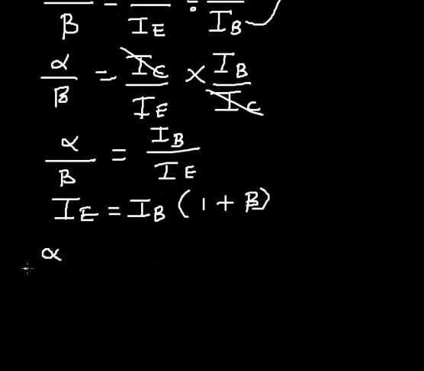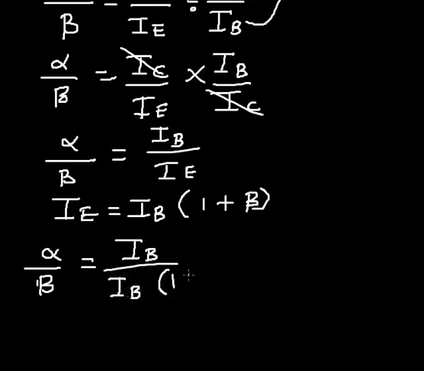I have alpha over beta equal to IB divided by IE, which is IB bracket open 1 plus beta. IB cancels IB, so I have alpha over beta equal to 1 over 1 plus beta.